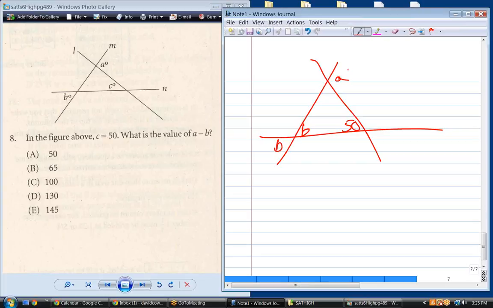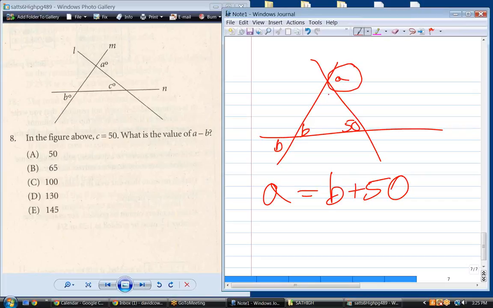Now there's an exterior angle formula that says that A is equal to the sum of B plus 50. And the reason that's the case is because A is supplementary to this, and the sum of these two angles is also supplementary to that. So this has to equal that.